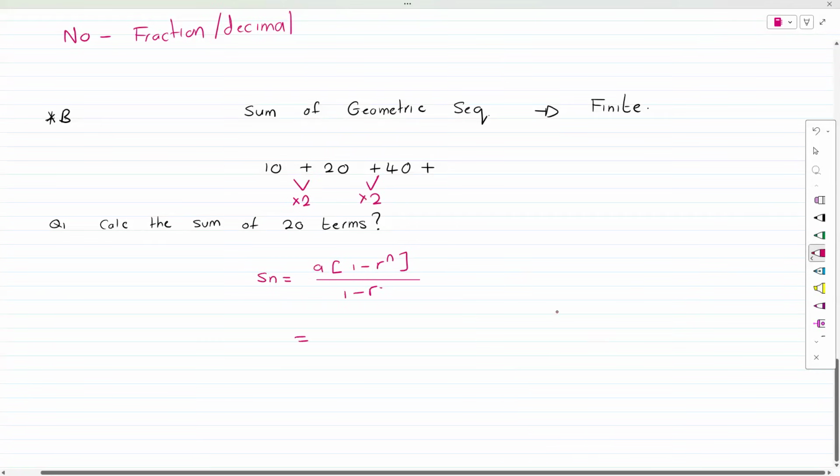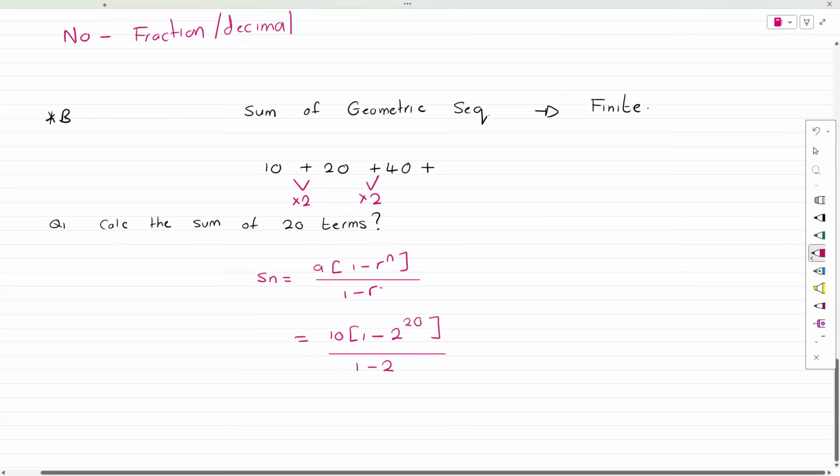A is the first term in the pattern, which is 10. r is 2. n is the number of terms that they specifically picked, which was 20, all over 1 minus 2. This is all calculator work, so guys should be fine. Let's double check. That's 10 into 1 minus 2 to the power of 20, all over 1 minus 2.